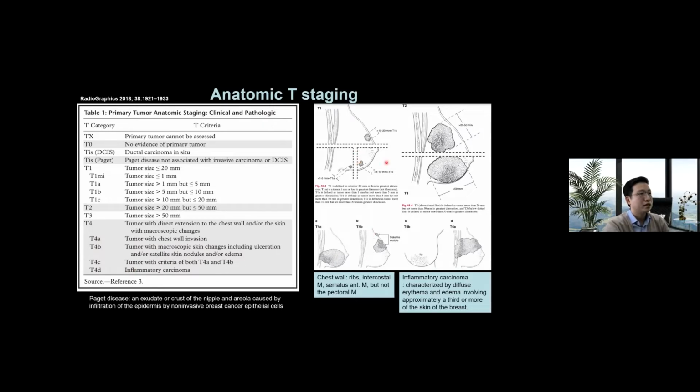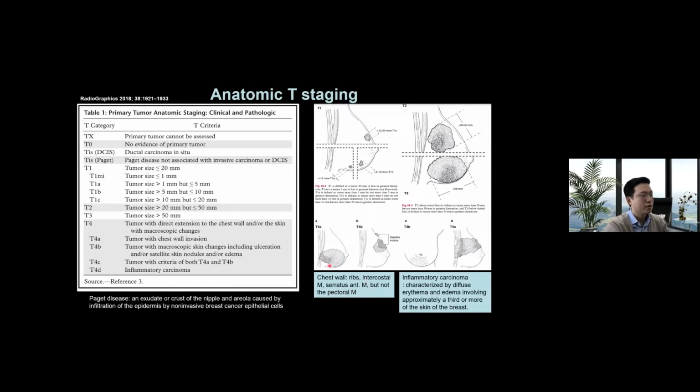That's described in this figure like this. So T1 and T2 is not touching any skin or chest wall, and T3 as well. But T4a involves the chest wall. And chest wall includes ribs and intercostal and serratus anterior, but not pectoral muscle.